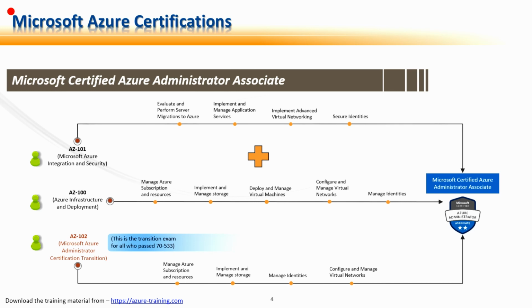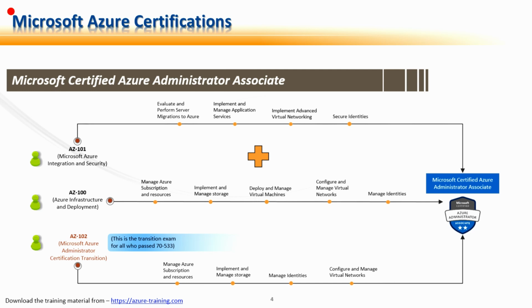In Configure and Manage Virtual Networks, we need to understand network security groups, the subnets, the NICs and the IP addresses, along with the details that I shared with AZ-102, like configuring site-to-site or point-to-site connectivity using the VPN gateway or ExpressRoute, and VNet to VNet peering.